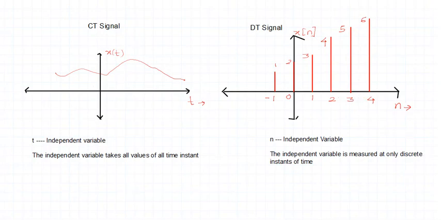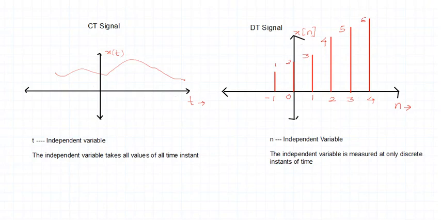So these samples are equally placed. Now once again I'll revise the notations. In the last lecture I told you that we will denote a CT signal with the independent variable t, and hence I call the signal a function of t, x of t. How do I call the discrete signal? I use the independent variable n, and hence the signal becomes x of n. So I'll be using these notations to denote CT signal and DT signal.